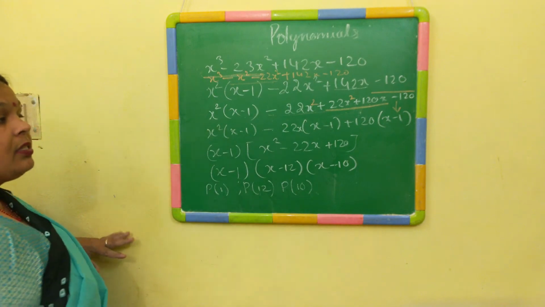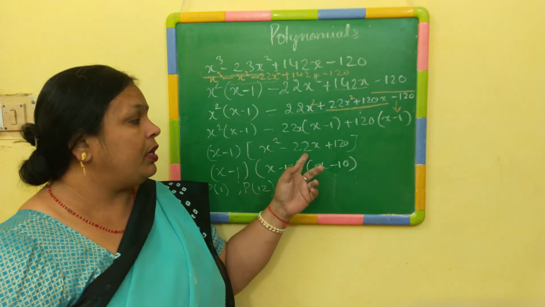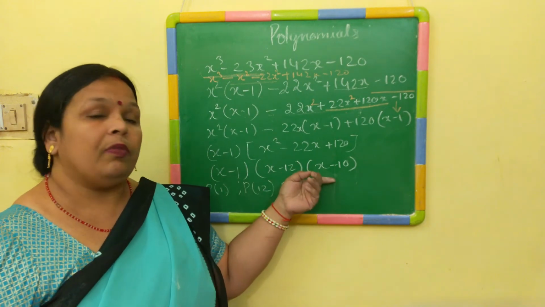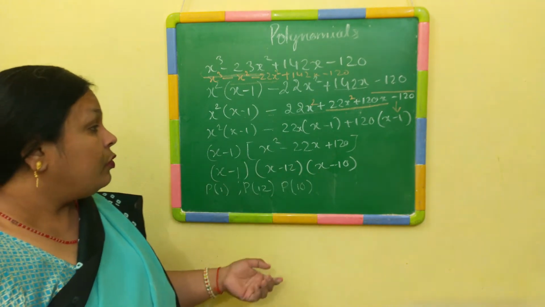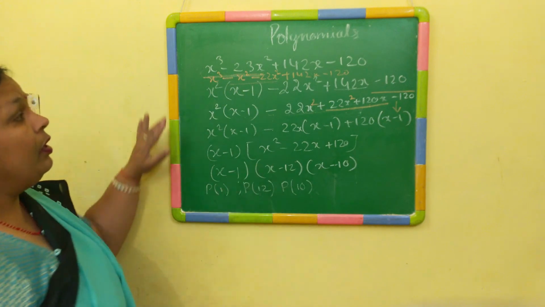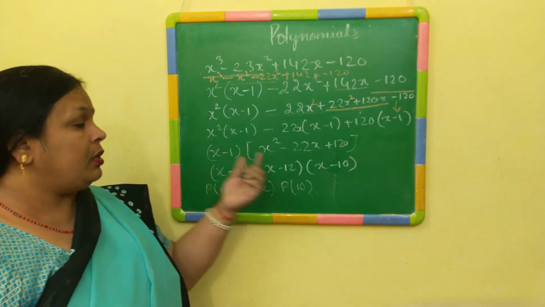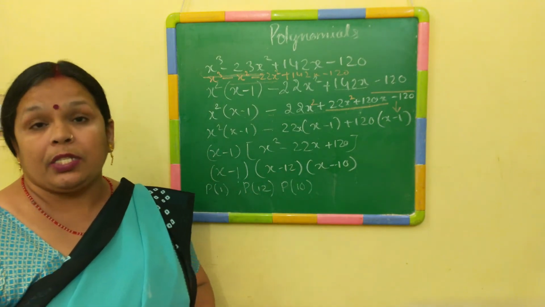Just in the previous example, we have seen the factors of x square minus 22x plus 120 by splitting the middle term were x minus 12 and x minus 10. So from these three, the factors of this given polynomial P(x) are found to be x minus 1, x minus 12 and x minus 10.